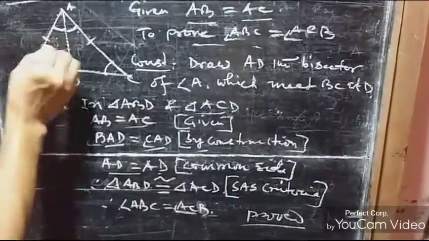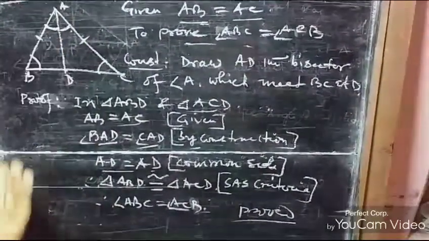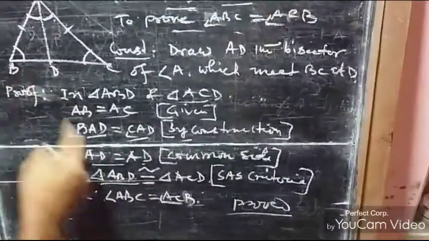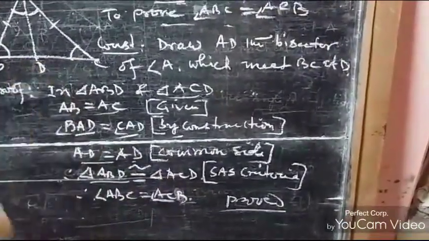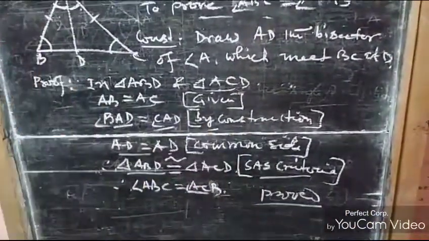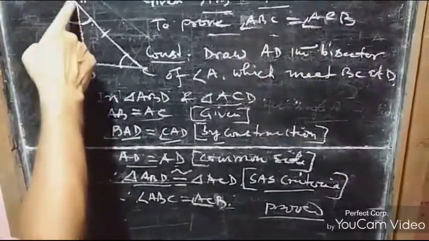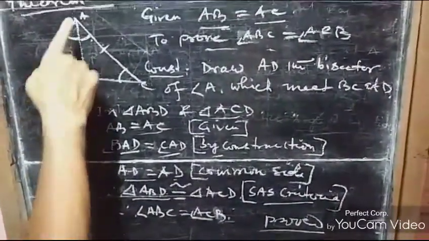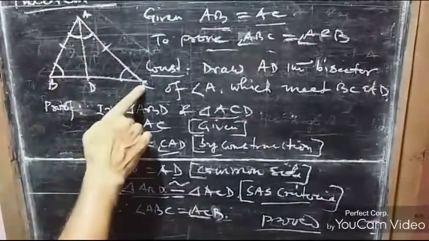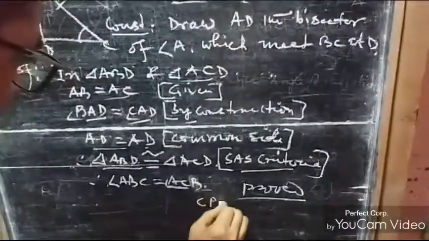So side, angle and side, this is theorem number 1 we have already proved. So we can say triangle ABD is congruent to triangle ACD, as the SAS criterion is met here. So angle ABD is equal to angle ACD, that is angle ABC equal to angle ACB, and this is CPCT.